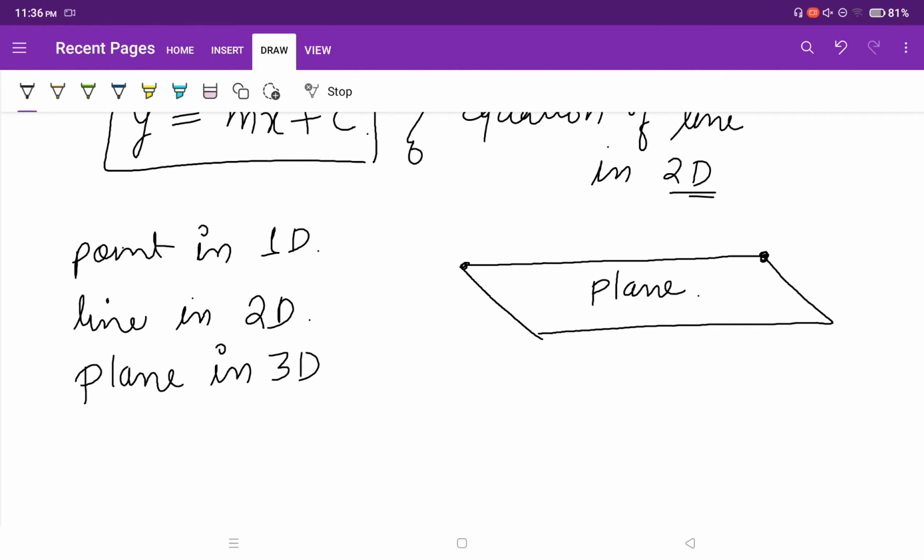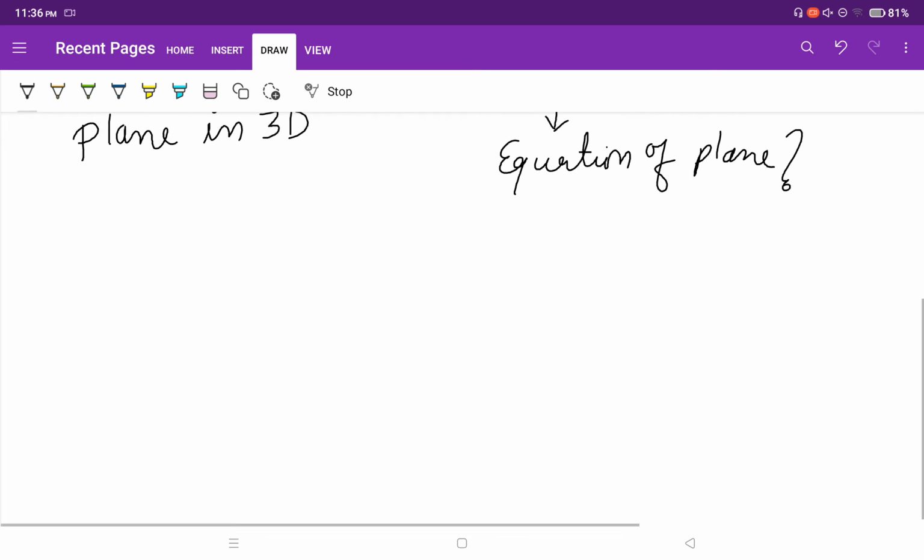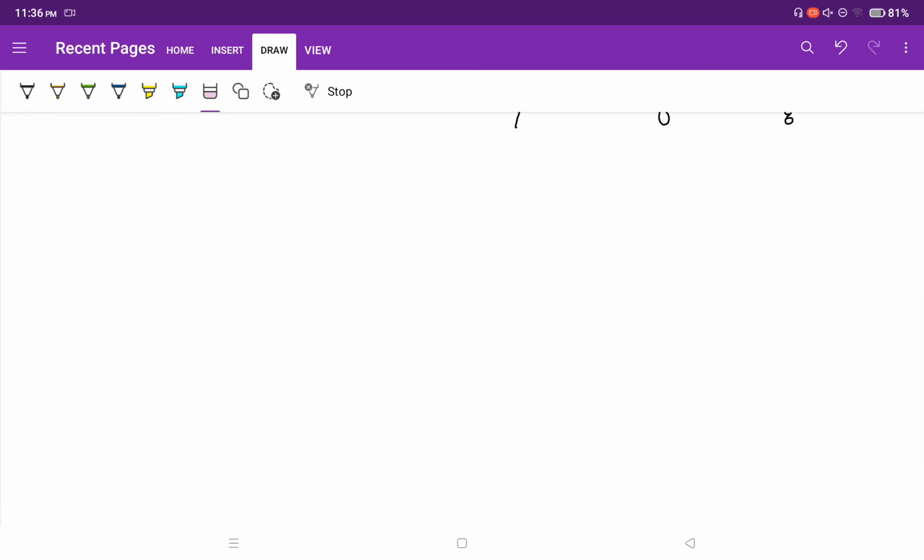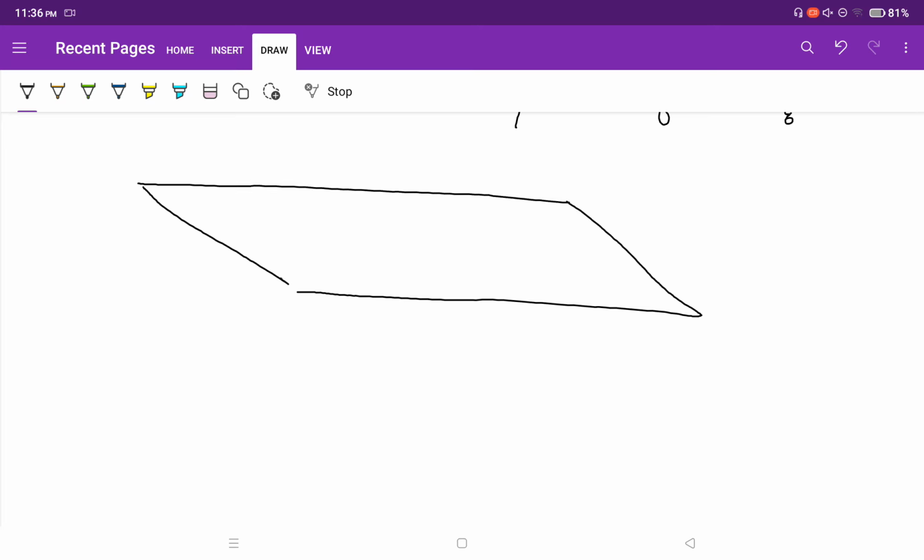How do we write the equation of this plane? So first let's draw a plane and think. So we have a plane here. This is a plane in 3D.